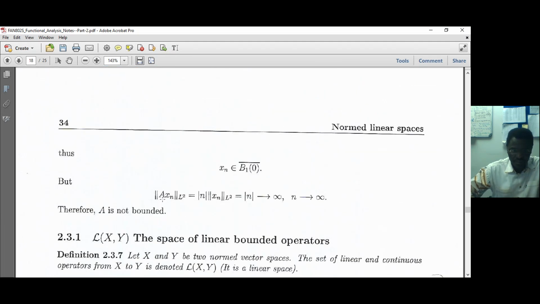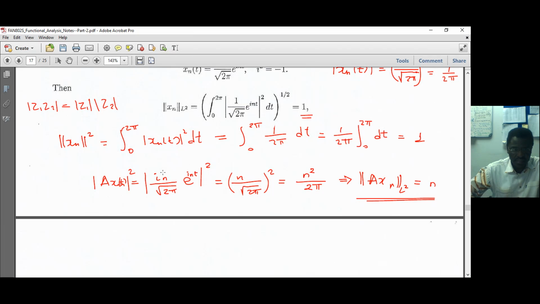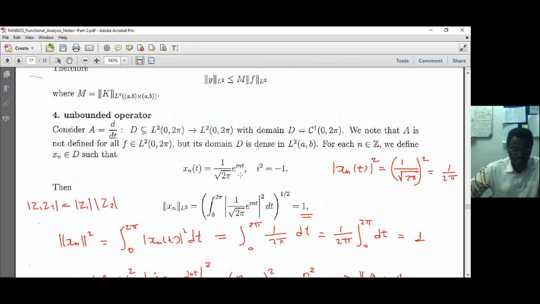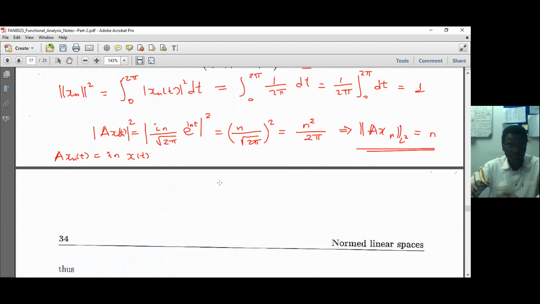It is the first test, I mean, to see this. Because once you differentiate that, you get this. You can write that in terms of xn. Remember that when we differentiated, you still have this, but the only factor will be in. So I can write that as in. I could have written directly here that A xn is in into xn, so that's what was used there.